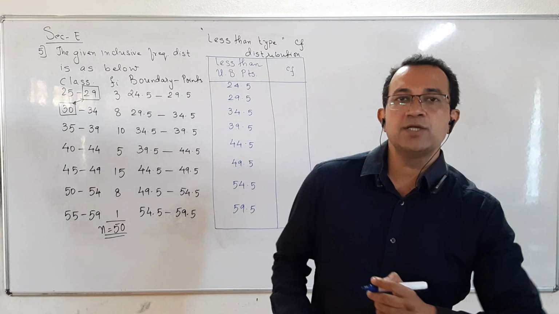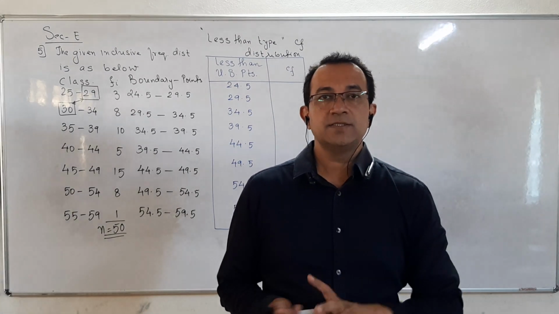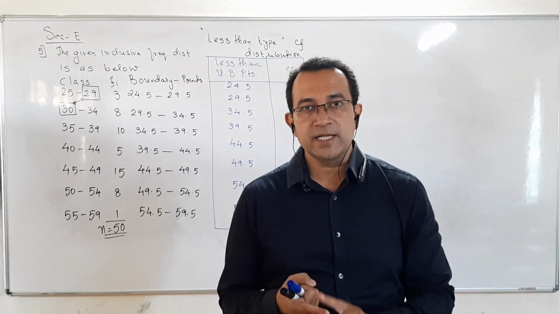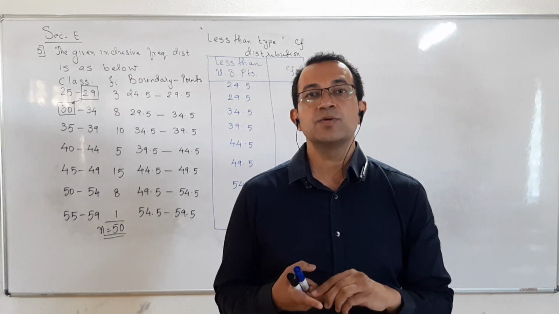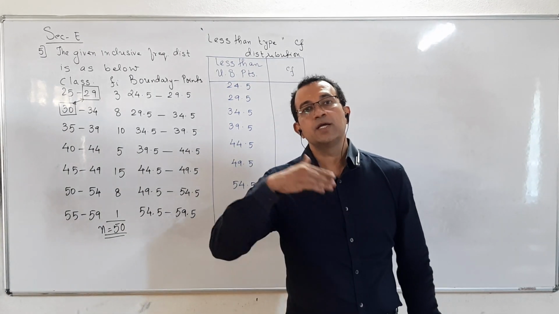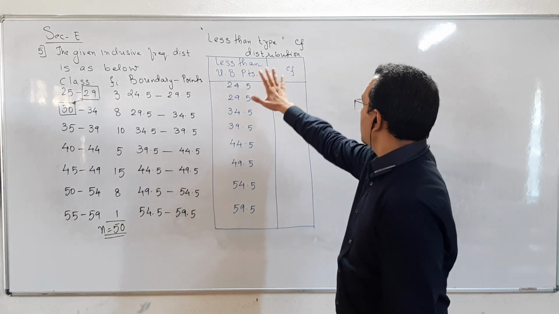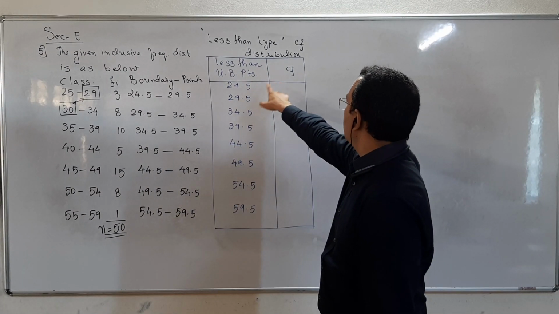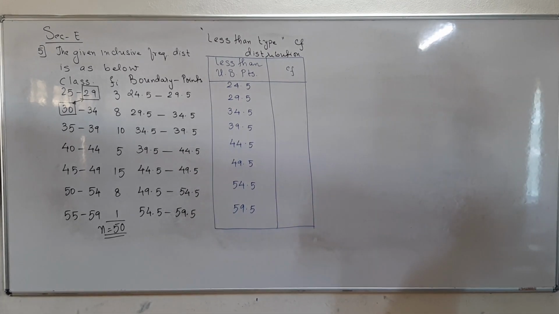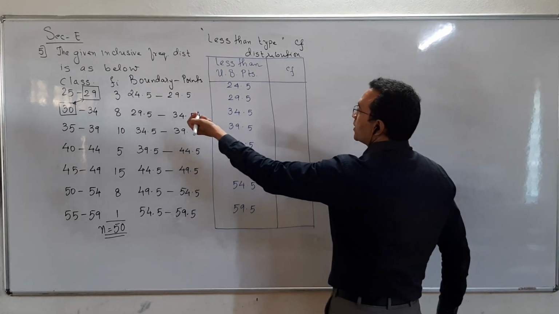Try to understand this very perfectly. There are two types of cumulative frequency distribution: less than type and more than type. In less than type, we use upper boundary points; in more than type, we use lower boundary points. In less than type, we start with 0 because there is no frequency.